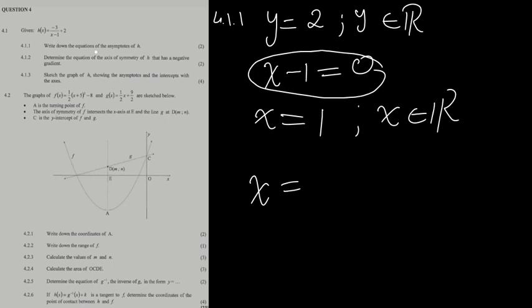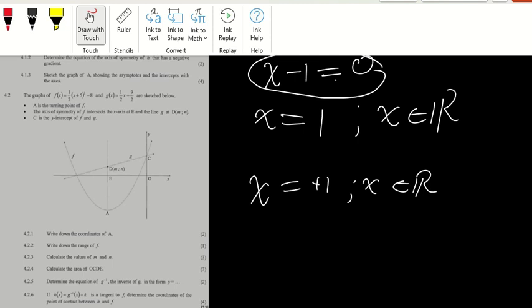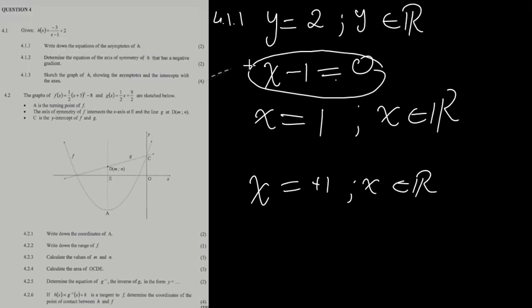In this case, it's negative, then I just say x is equal to positive 1, such that x is an element of real numbers. To answer that, you are 100% correct. If you did not write this step, it's okay. You can jump to this one. Just make sure that you change this sign.